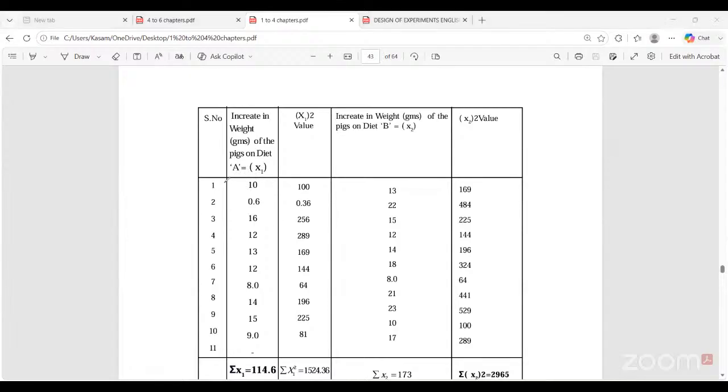1 to 11 given. Are you all seeing? Yes, sir. This is the x1 diet given. This is the x2 value given, or not? Yes.